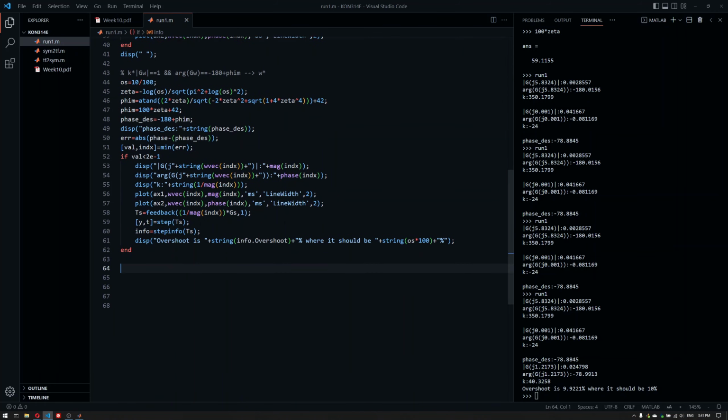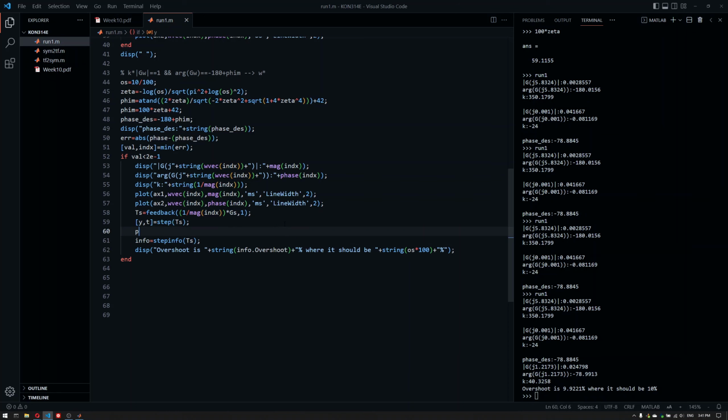So here we can just plot the step response: T, y. Doesn't mess up anything, I guess not. Let's have black, line width 2. And that's basically it.